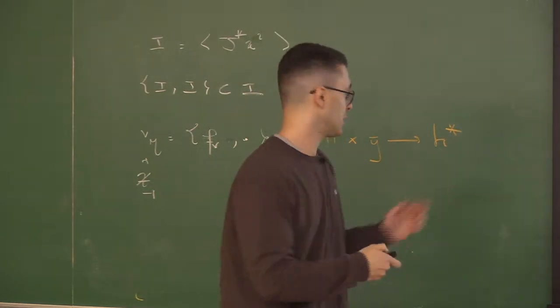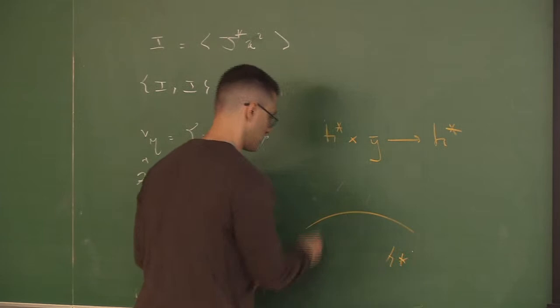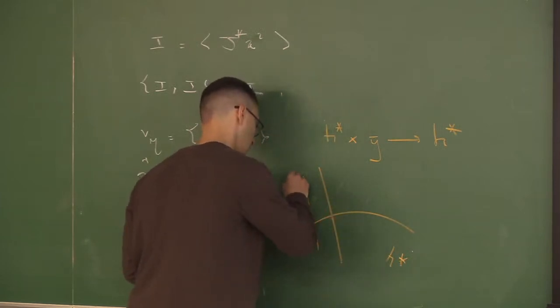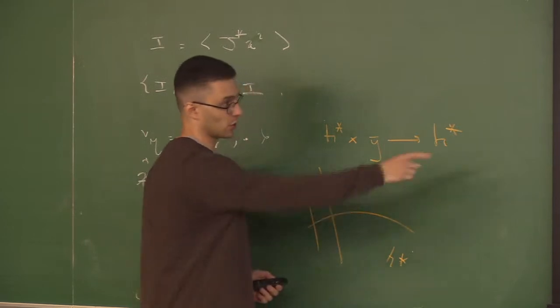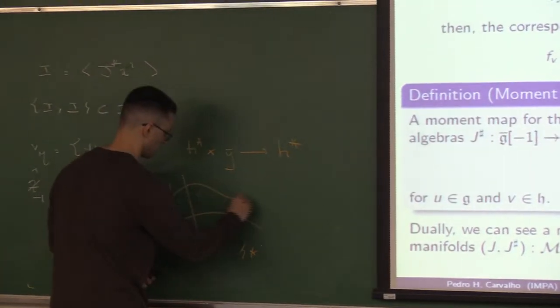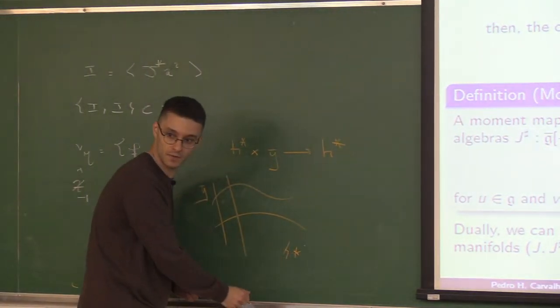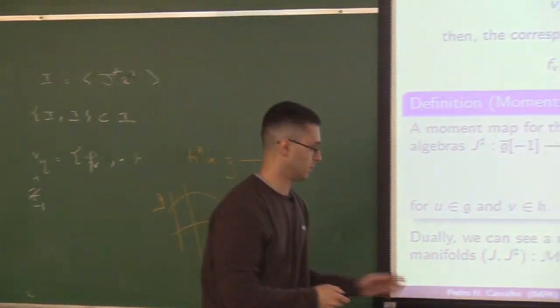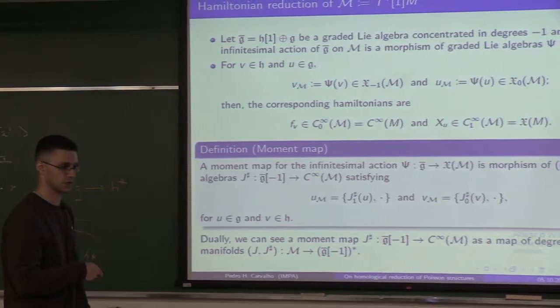It just means that you see this guy as a base, with a fiber in it, and so the generators of the algebra of functions of this thing here are just sections of this guy with coefficients in functions on G star. Okay? So good. It's good to have this picture here for some statements.